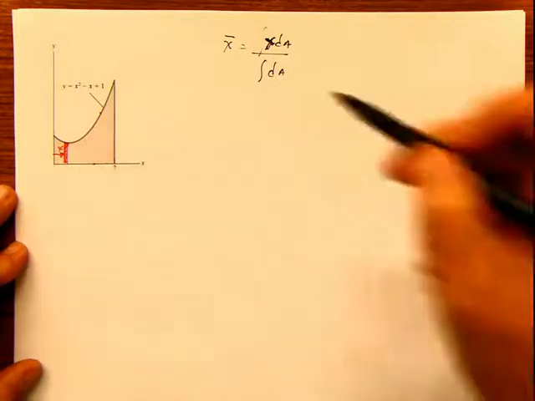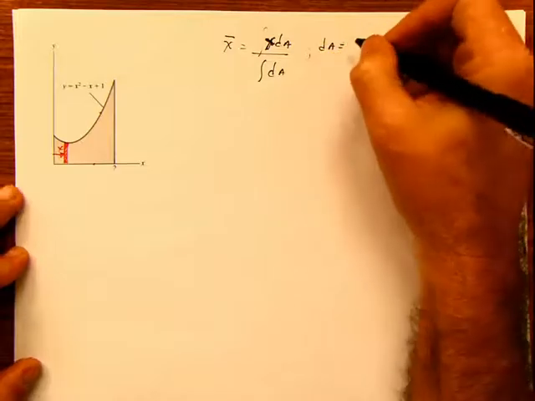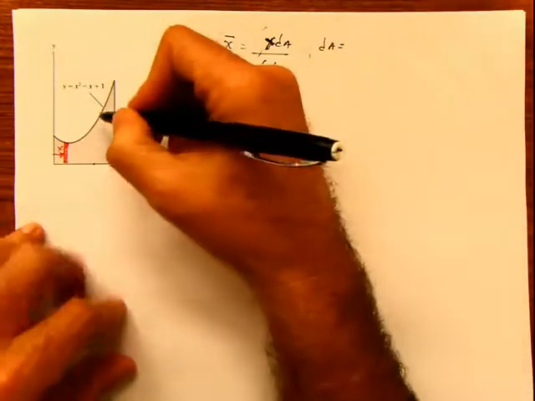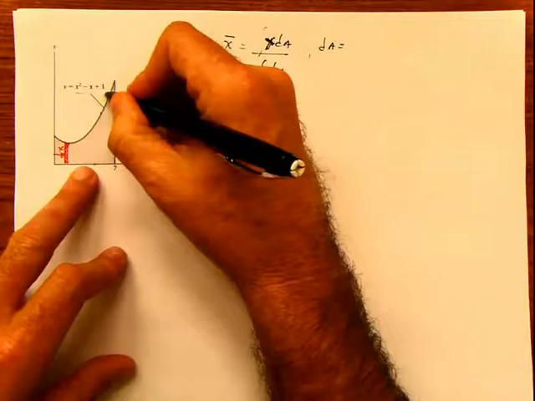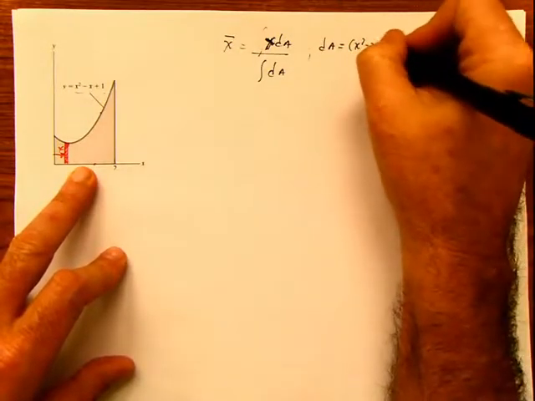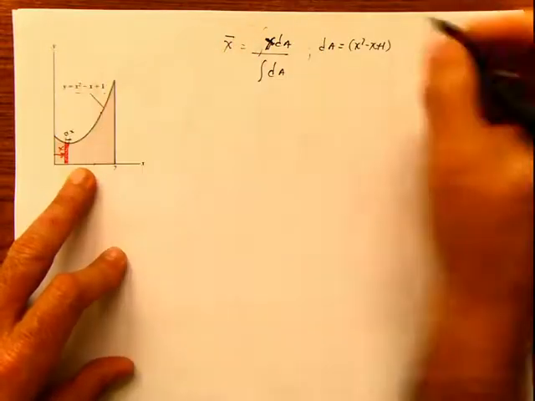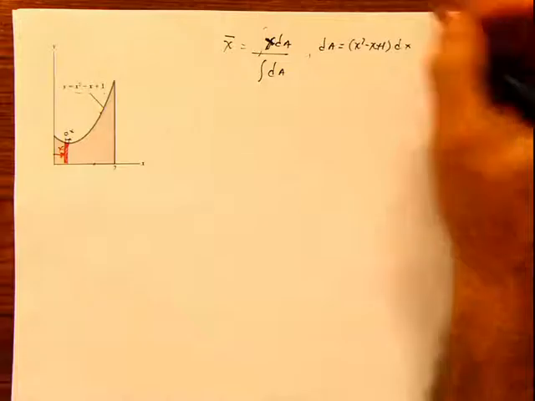So my differential of area is going to be this, which is y minus x plus 1, times this, which is dx. There you go.